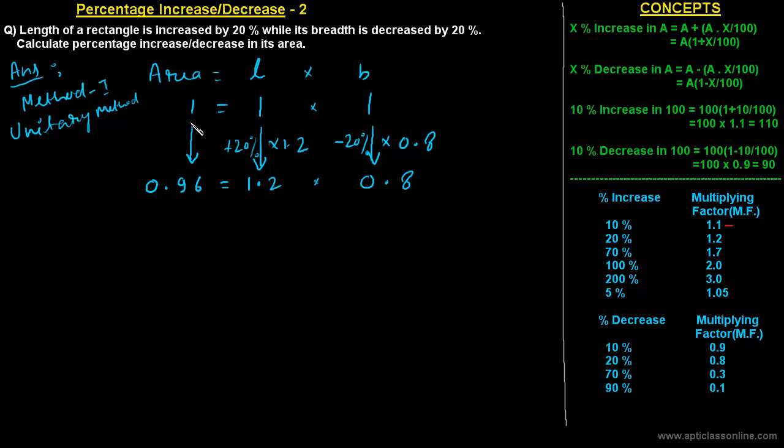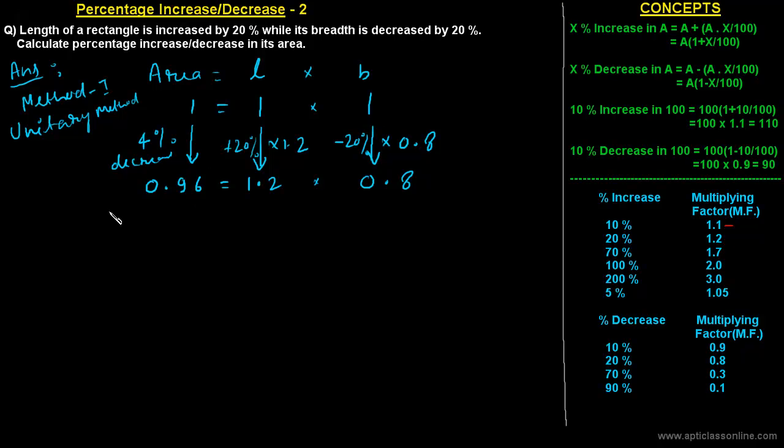Obviously there is a percentage decrease. Can you tell it directly by looking at this value? We can tell that if there is a 10% decrease, then the value is 0.9. Then if the value has become 0.96, what should be the percentage decrease? It is a 4% decrease.